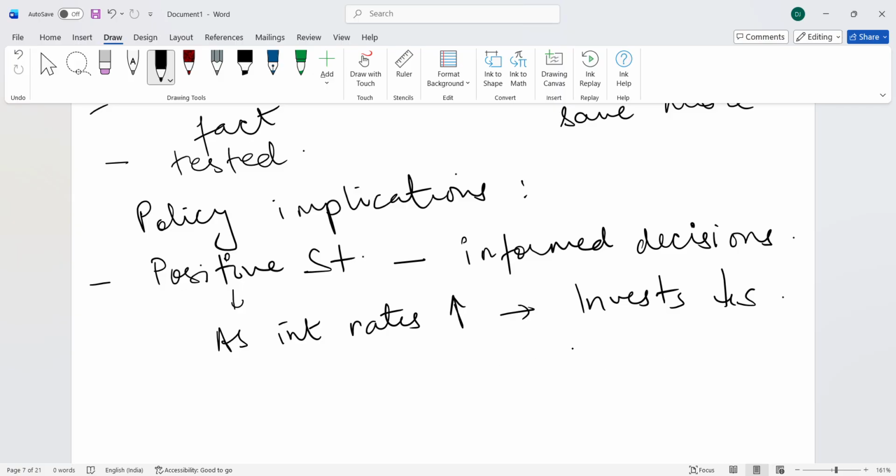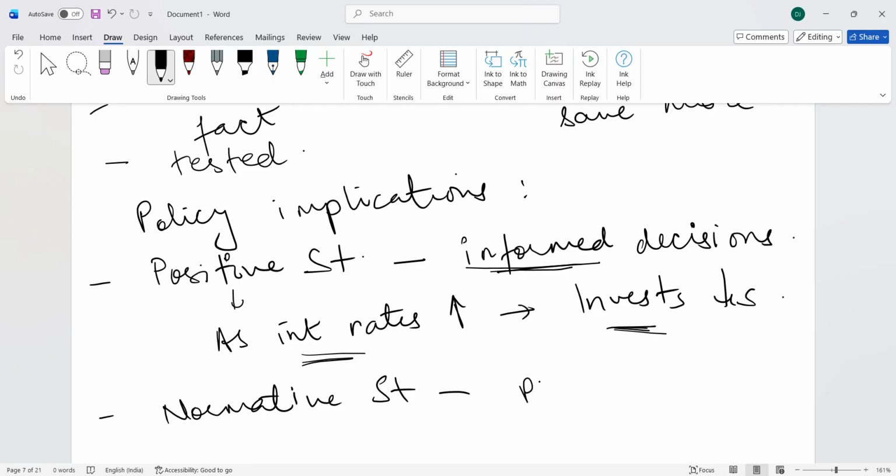Now, this is a tested one. Policymakers can make informed decisions. If they want to decrease investment in the economy, they can increase the interest rates. All right. A normative statement basically helps the policymaker in making policy recommendations.